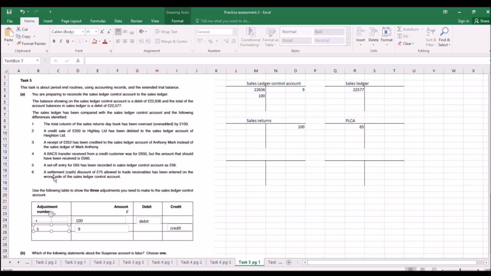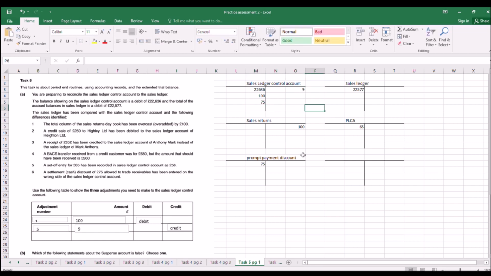Okay, let's do the last one. The settlement cash discount of £75 allowed to trade receivables has been entered on the wrong side of the sales ledger control account. So let's go prompt payment discount, and that will be a debit because it's an expense to us, effectively. So £75 in here. We should have gone debit the prompt payment discounts, credit the sales ledger control account. Instead we went debit it.